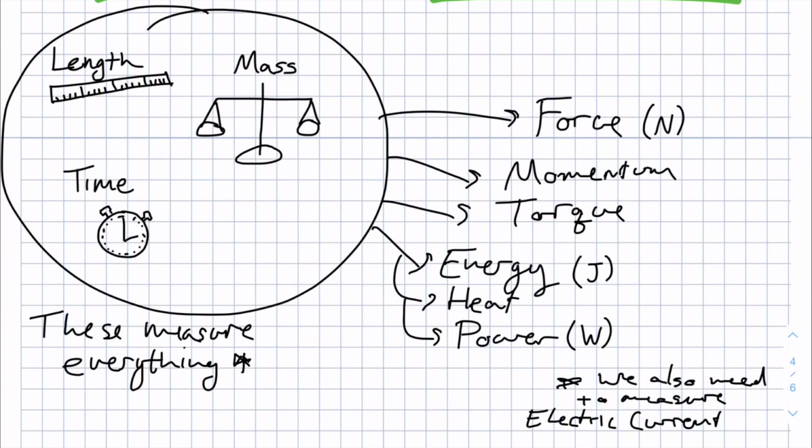For our system of units to work, we have to be consistent. And that means that almost all of the time, when you're working with numbers, you need your lengths to be in meters, your masses to be in kilograms, and your times to be in seconds.